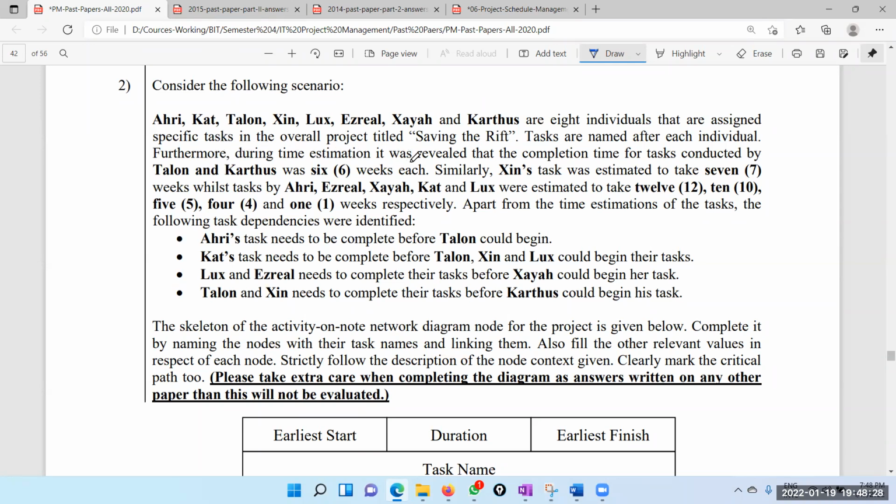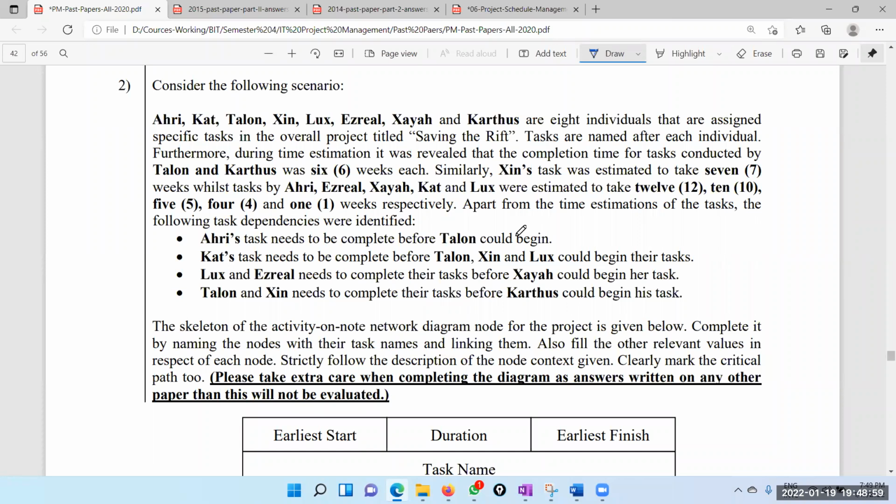During the time estimation, it was revealed that the completion time for the tasks conducted by Talon and Karthus was 6 weeks each. Similarly, another task was estimated to take 7 weeks, whilst the tasks by Ahir, Israel, Saya, Cat and Lux were estimated at 12, 10, 5, 4, and 1 weeks respectively. Weeks, not days.